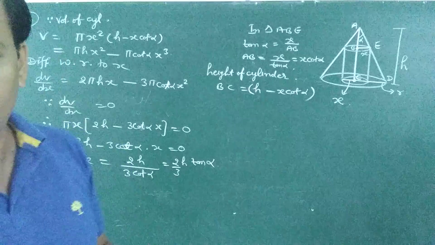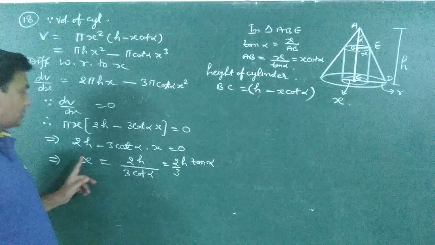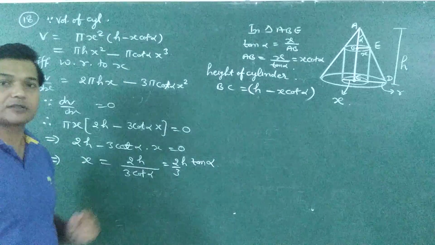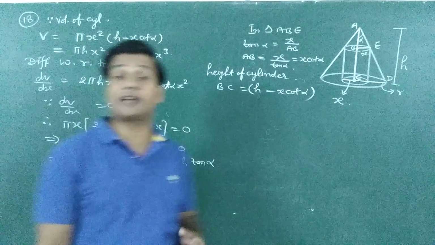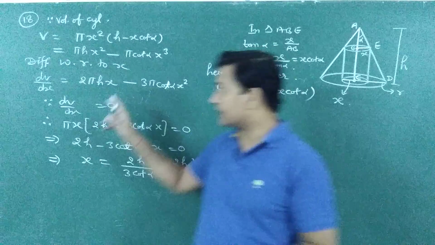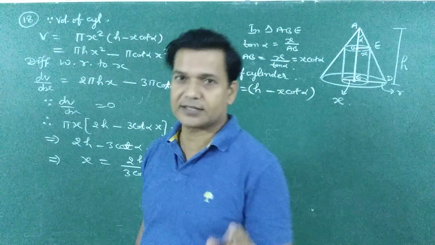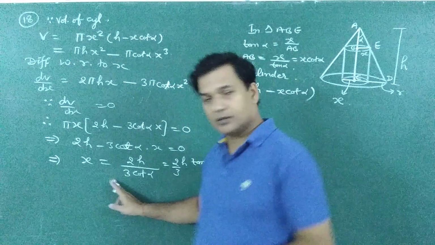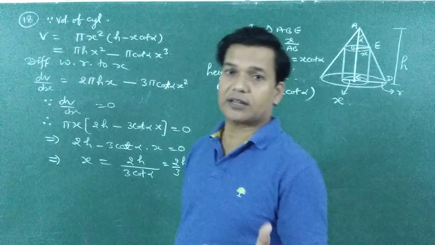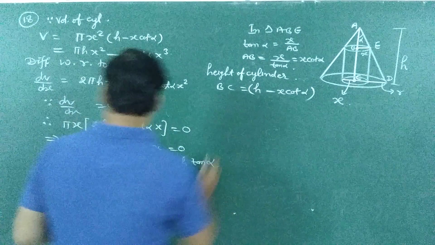Now on this radius value, we want to show that the volume should be maximum. And for this to be maximum, what do we have to do? Differentiating this dv by dx once again with respect to x, and at this point we are going to show that the value is negative. Let's see the double differentiation.